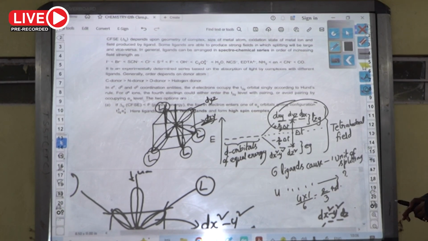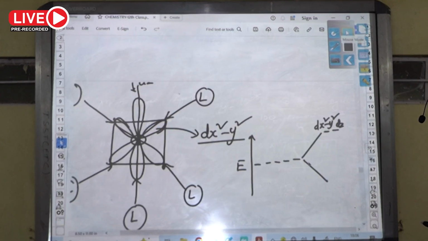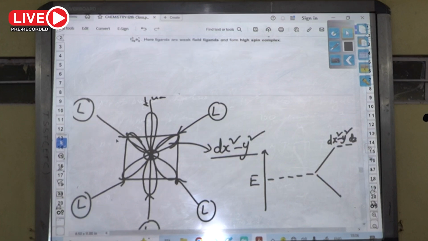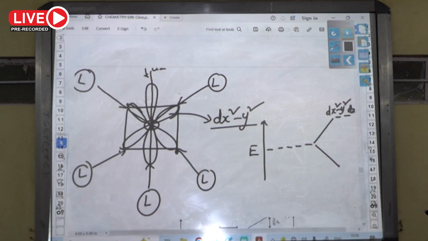In terms of direction, look at this. From how many directions are the ligands approaching in octahedral field? 6 directions. Whereas in tetrahedral field, only 4 directions.